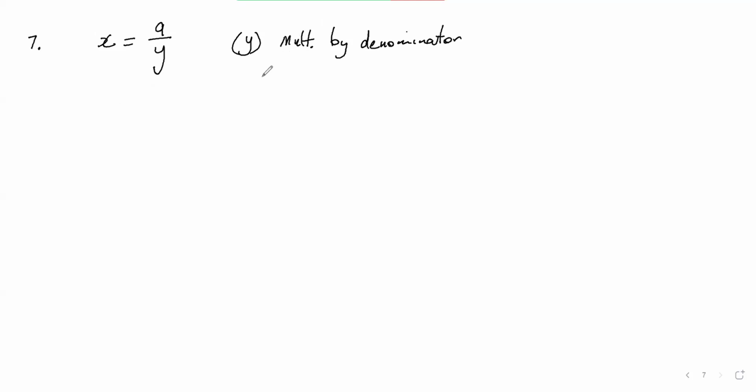So we have to multiply throughout by what? Somebody open their mic.